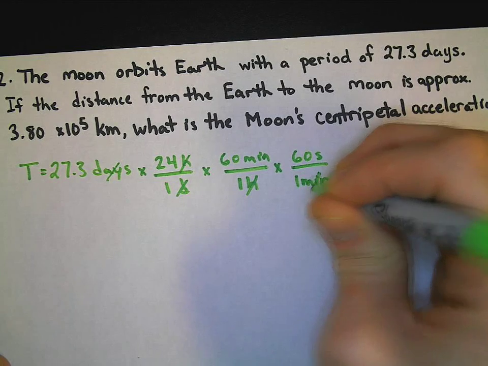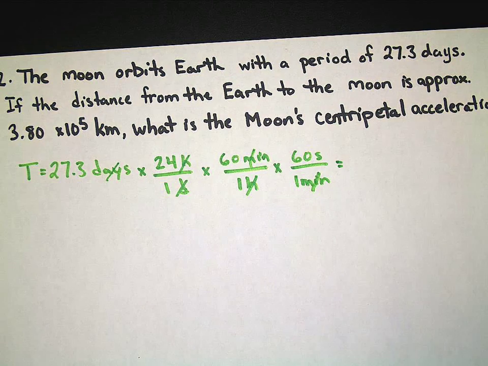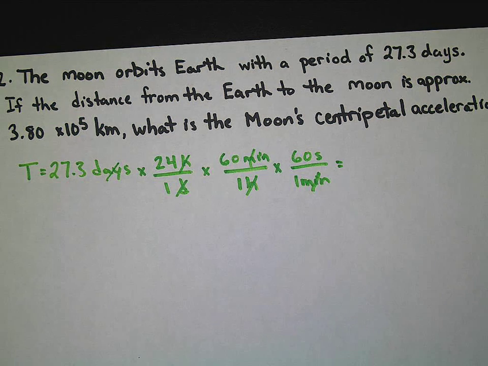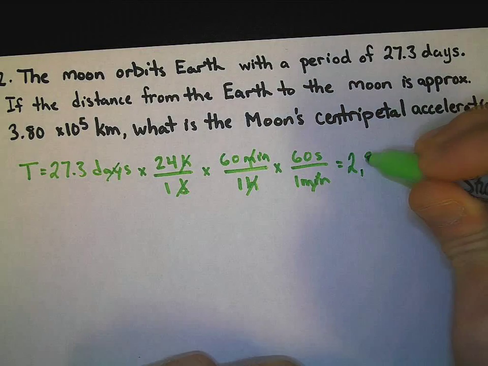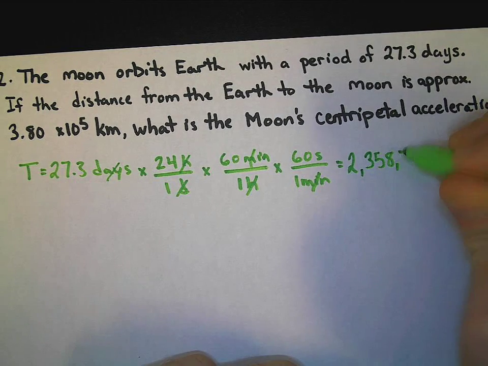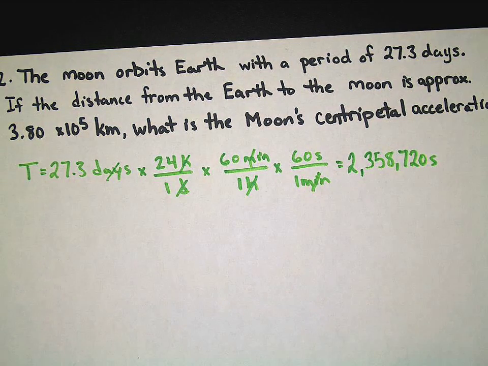I see minutes cancel out. We are now in seconds. Let's calculate how many seconds in 27.3 days. You'll hear me punching my calculator. Yes, because I have not done this question yet. Which is 2,358,720 seconds is our period.